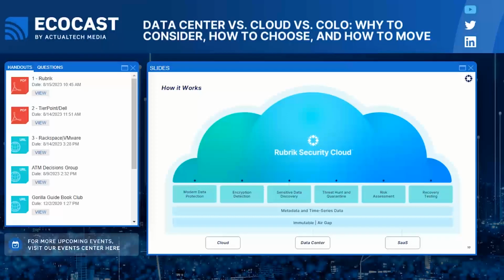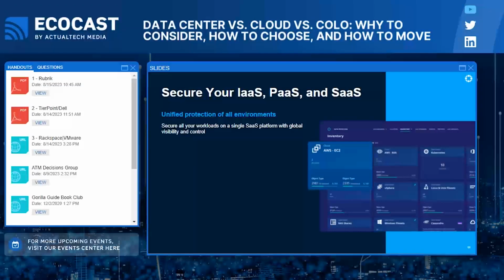So being able to do this in a single control plane is going to remove a lot of the complexity and a lot of the persona battles that may occur if there were impact, because again, different personas manage different data depending on where it lives. That's typically what we're seeing out there.